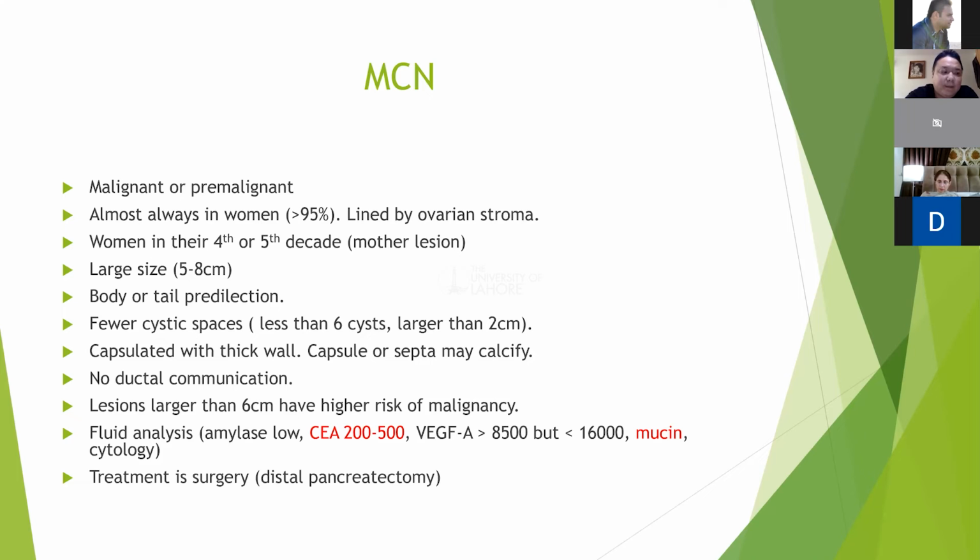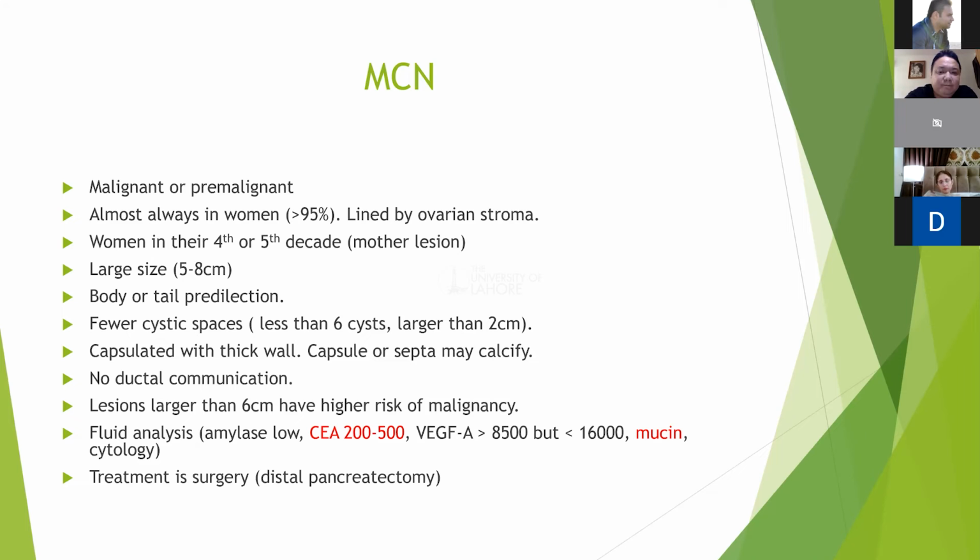As opposed to serous cystadenoma, the MCN contains fewer cystic spaces and a thicker capsule, usually fewer than 6 locules. Each locule is larger than 2 centimeters on average. It is lined by ovarian stroma, and the capsule or septa may calcify.